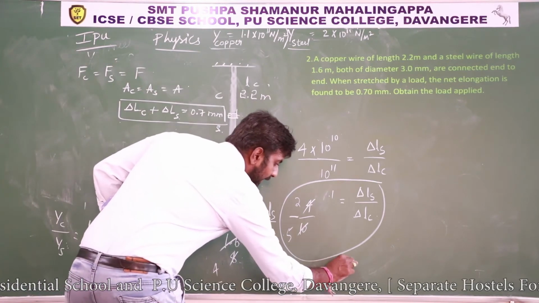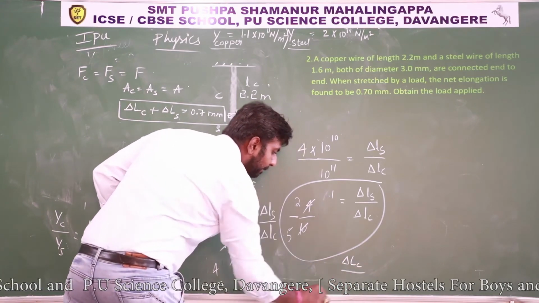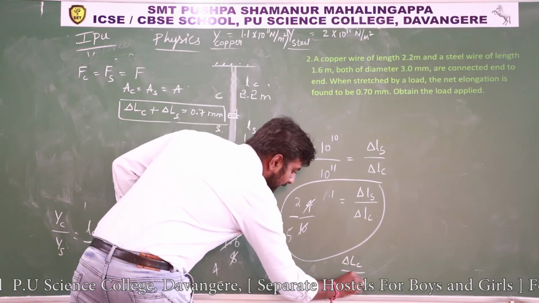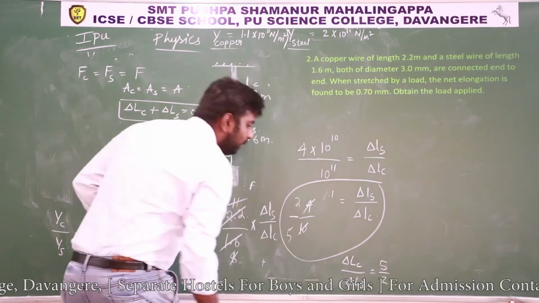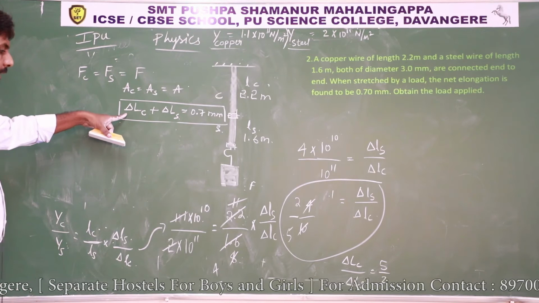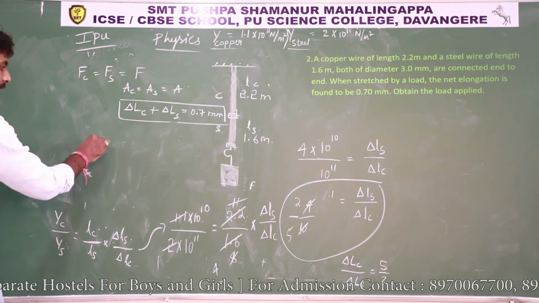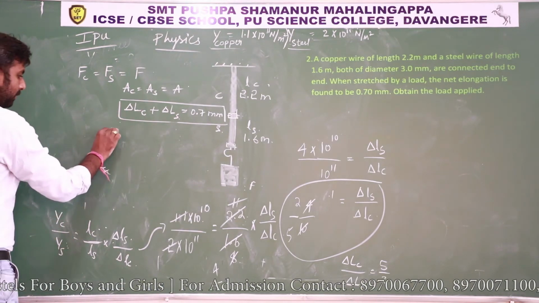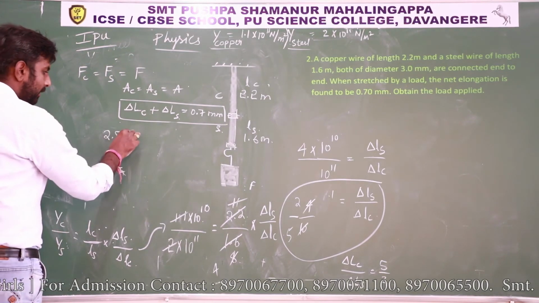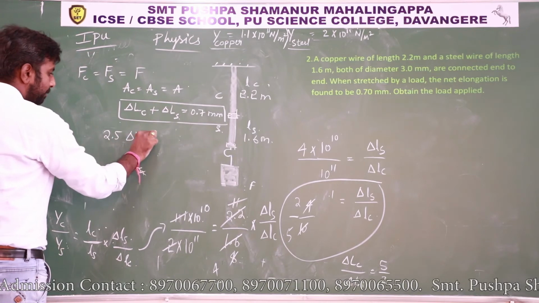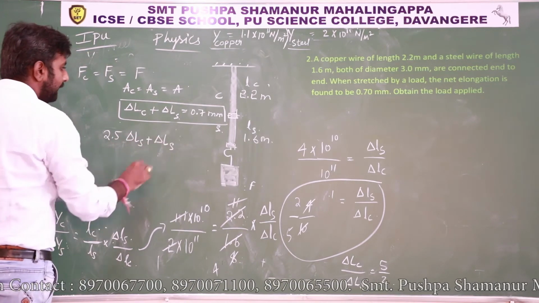Or I will write delta LC by delta LS becomes 5 by 2. Then in place of delta LC, I will write 5 by 2, that is 2.5 delta LS plus delta LS.